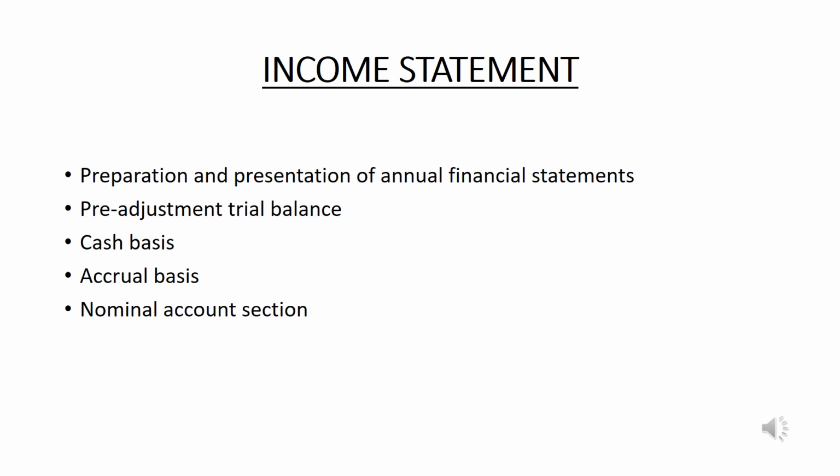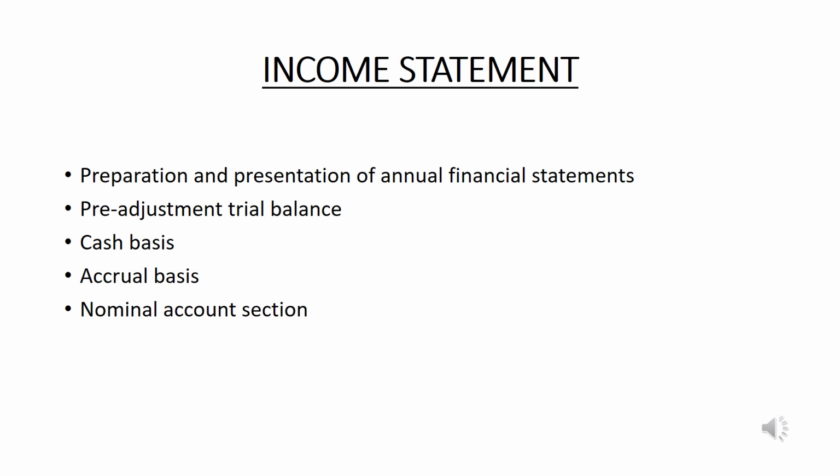That is why we use the nominal account sections. And nominal account sections do not have balances, but they have totals that we transfer from a particular month to the next month.